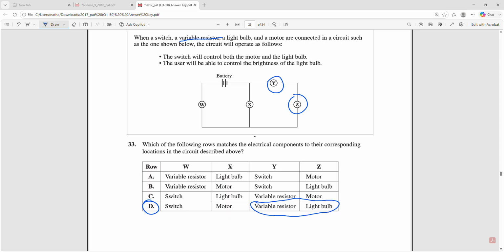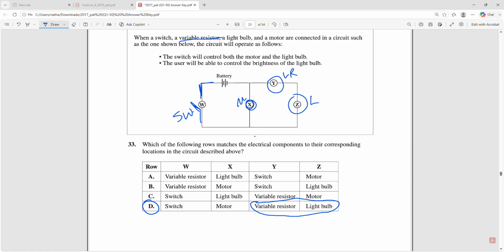But let's just see then, according to this answer, it says the switch would be at W. So this would be my switch. And then my motor would have to be here. So motor, light, variable resistor, switch.